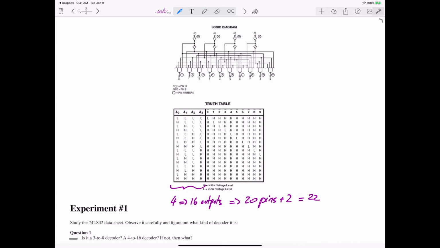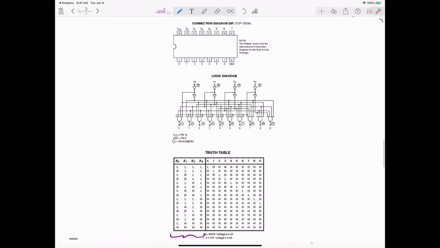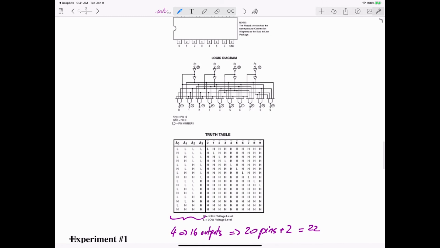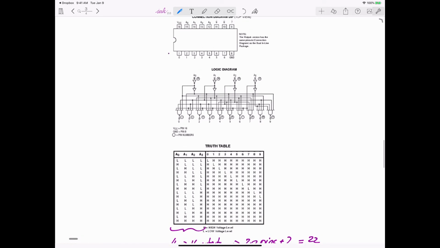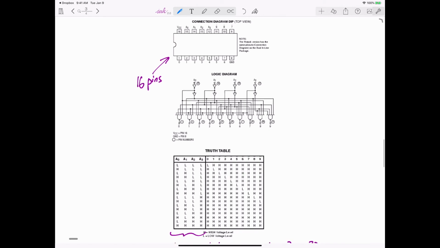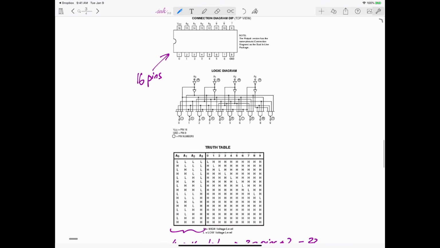That would be 22, and that would be too big. So manufacturers do not make decoders that big. You see here that this circuit is slightly different from the ones we've used before because it has 16 pins. It's the first one we're using that has 2 more than regular size circuits.